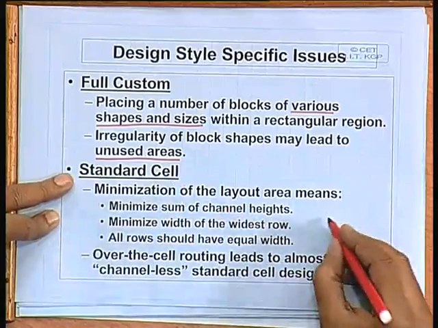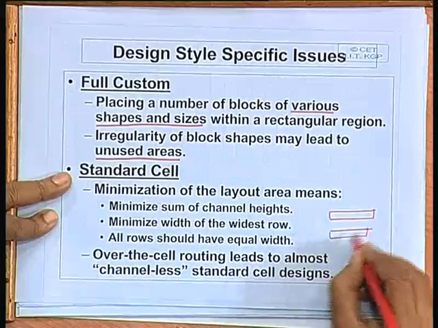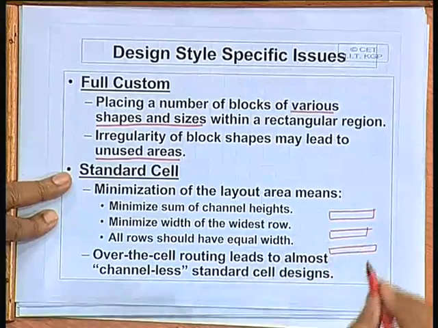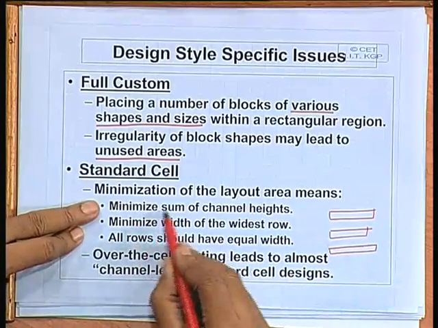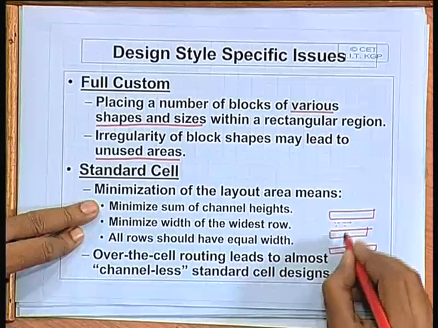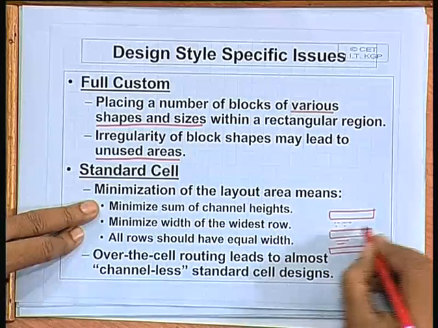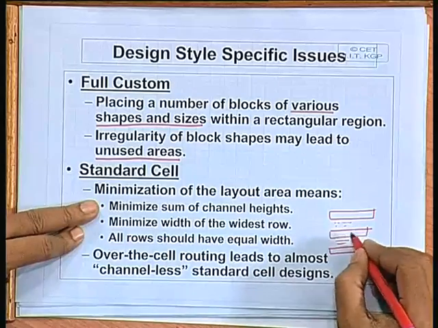Now, in a standard cell where all circuit elements are placed along rows like this, the first thing is that you will have to minimize the sum of the channel heights, because channels are the regions between the cells which are left aside for interconnection. Now, if your placement is good, you will be requiring less number of tracks in the channels for interconnection, your channel height will be less.